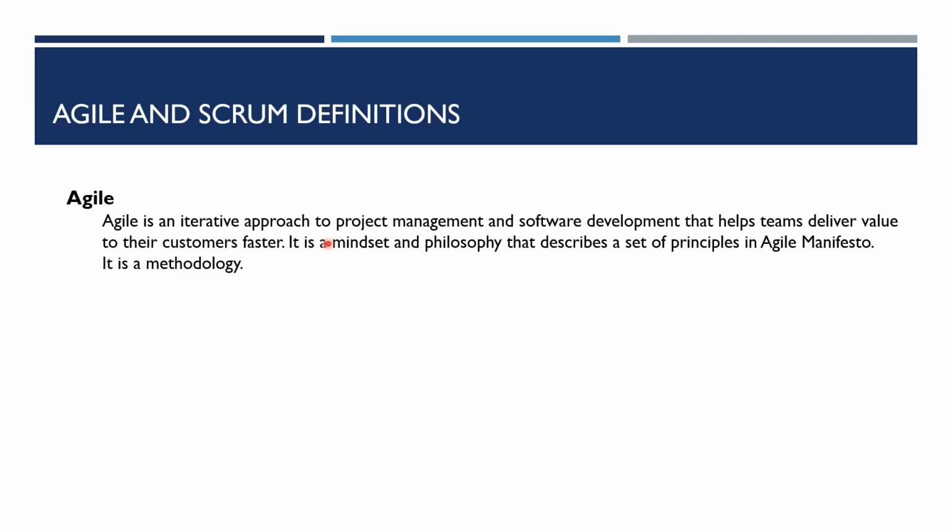Agile is a mindset and a philosophy, meaning it is not just a set of processes and tools, it is a different mindset altogether. That mindset is all described in a set of 12 principles which are mentioned in the Agile Manifesto.